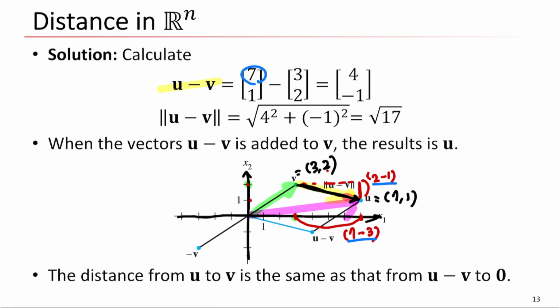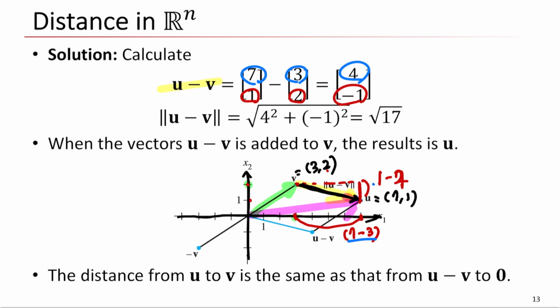Okay, so 7 minus 3 here, and it should be 1 minus 2, right? Because it goes from here to here. So 1 minus 2 is equal to negative 1.